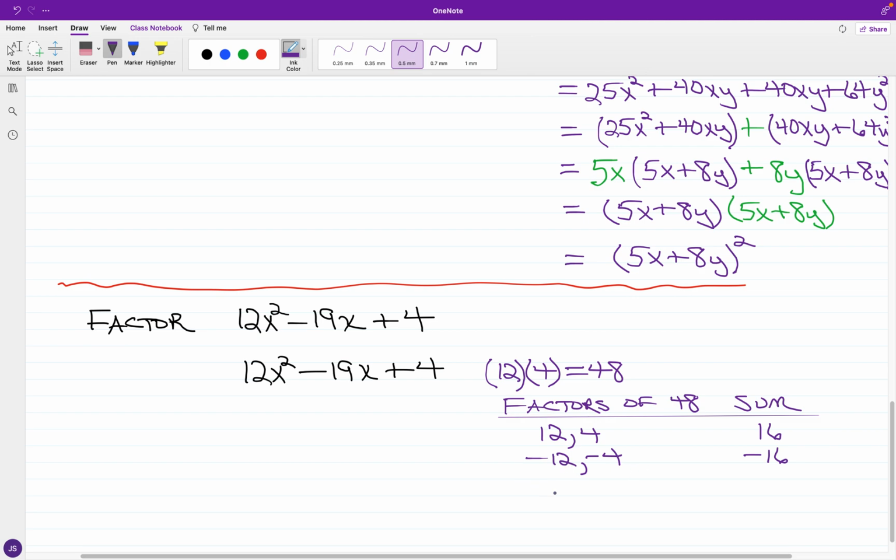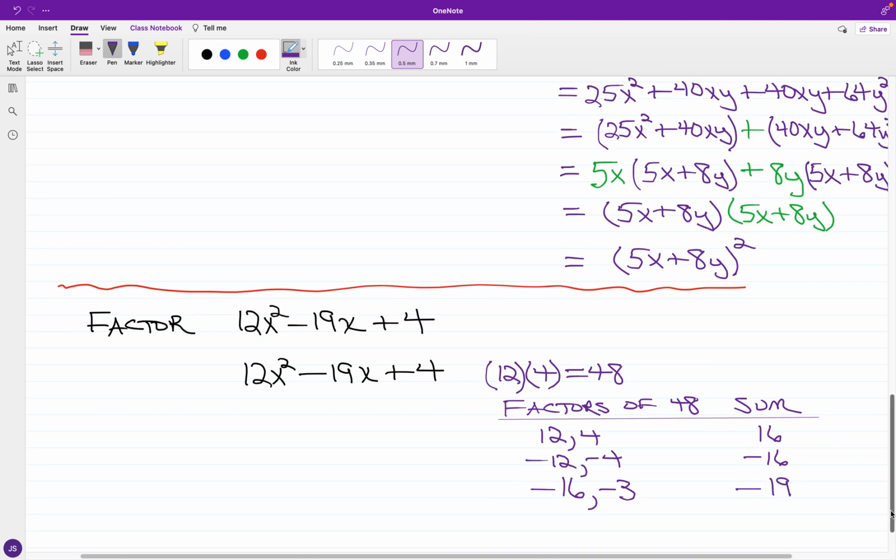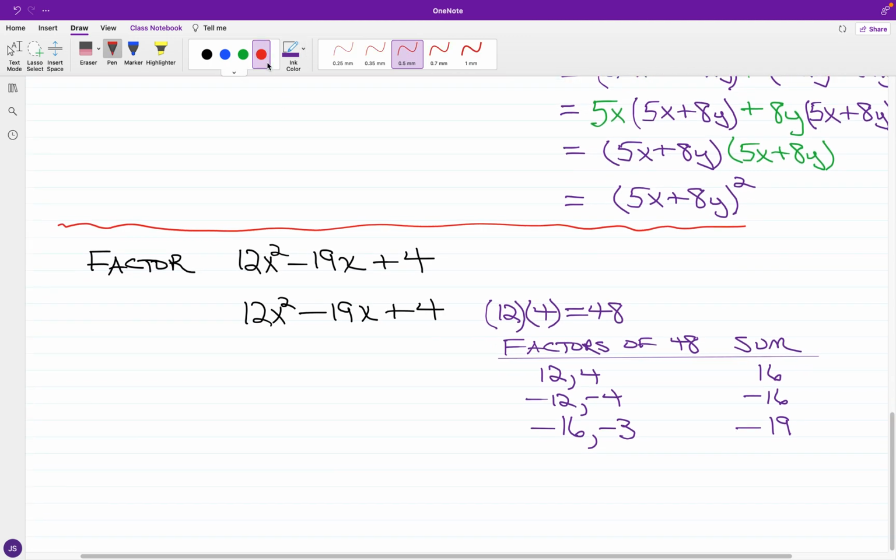So in modifying the combination, negative 16 and negative 3, when you multiply, you have the product 48, and adding together, negative 16 and negative 3 come out to negative 19. Okay, so this is the combination that we're seeking if we're taking the factoring by grouping approach.